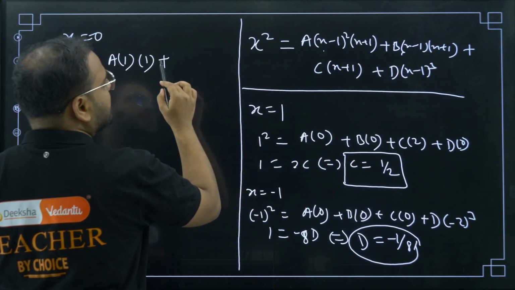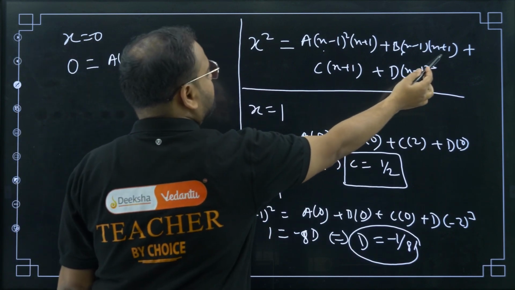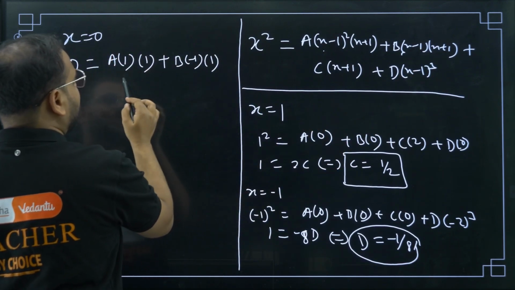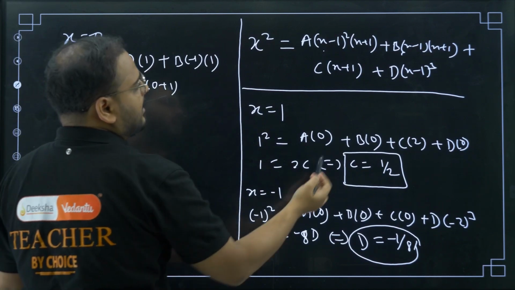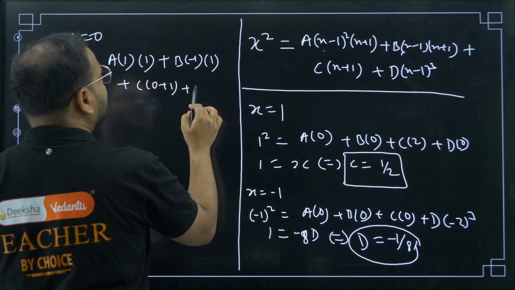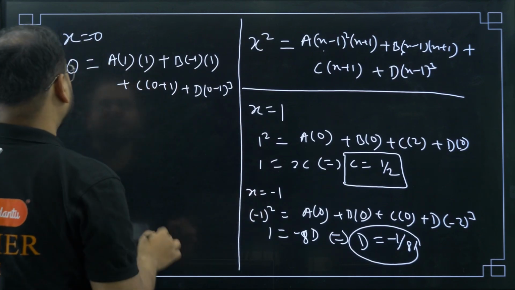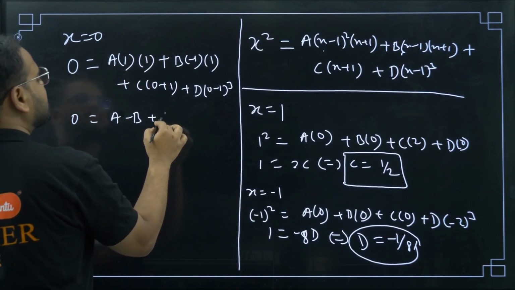So b times of minus 1. Over here 0 plus 1, so simply 1. Plus c, I get c times of 0 plus 1, so simply c. And over here plus d times of 0 minus 1 the cube. Please check this equation that I'm getting. I'm getting 0 equals to a minus b plus c minus d.